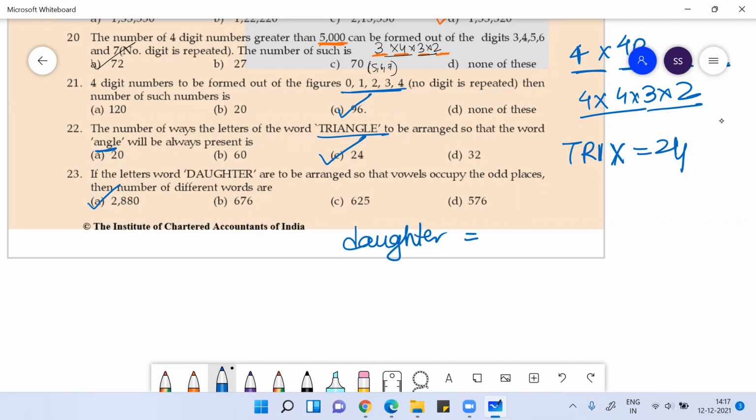How many eight-letter words can be formed such that the vowels occupy odd places? How many vowels are there? A, U, E. Consonants: D, G, H, T, R.